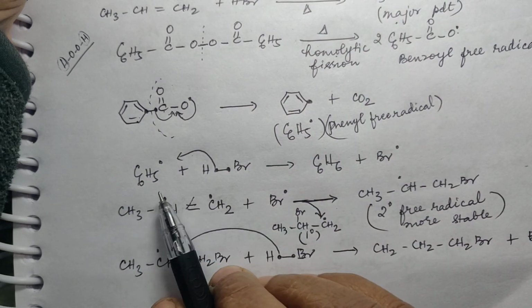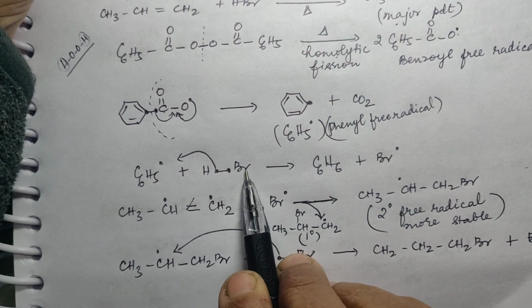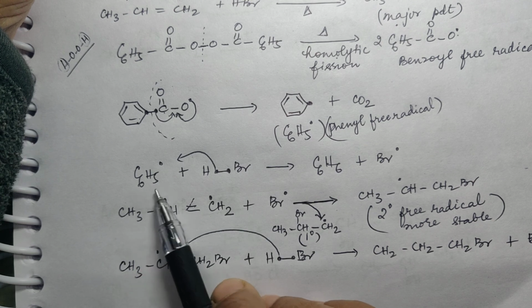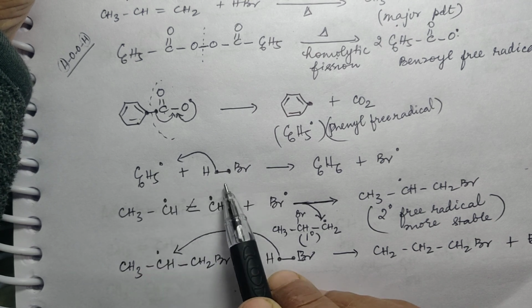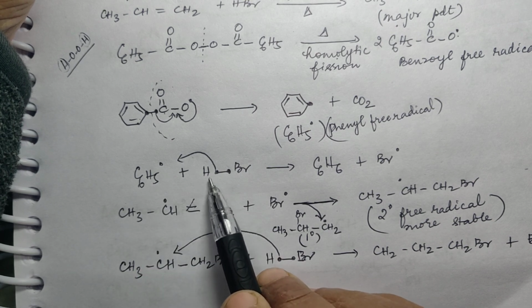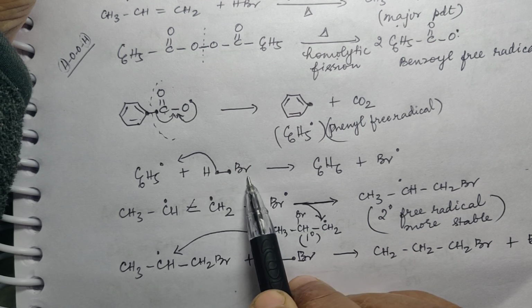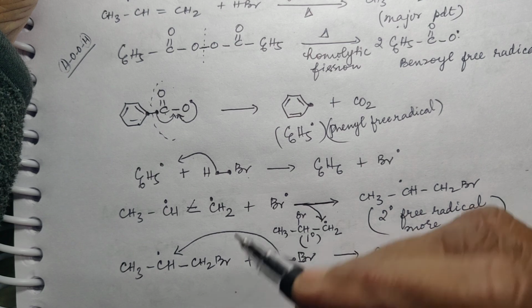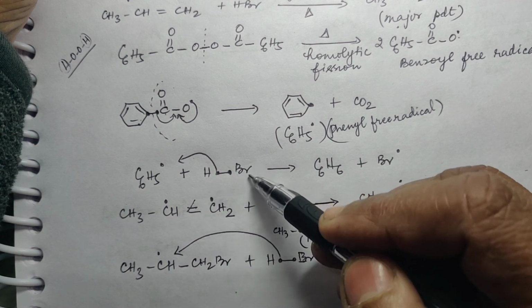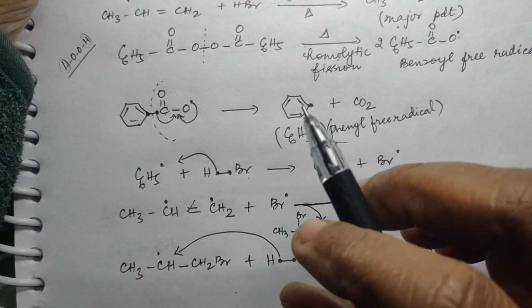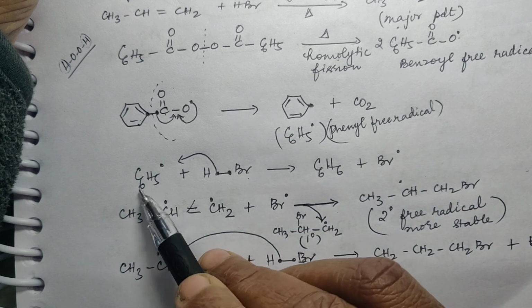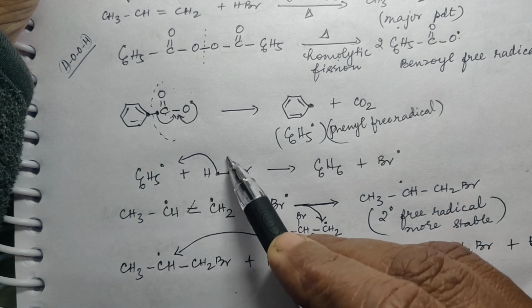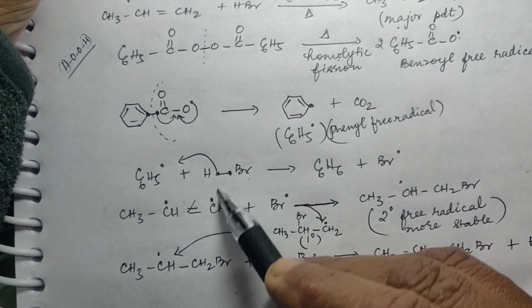Now what will happen? This C6H5 dot will react with HBr. That is, it will initiate or try to make this HBr undergo homolytic fission in the presence of this phenyl free radical. I already told you hydrogen and Br both have almost similar electronegative character. So this free radical is initiating the homolytic fission of this HBr.